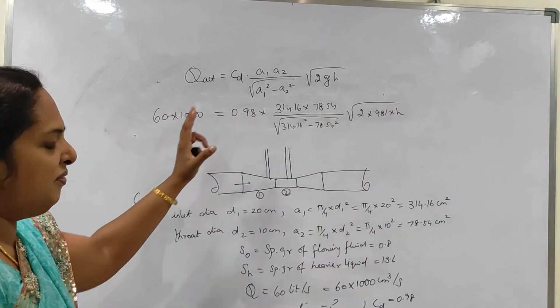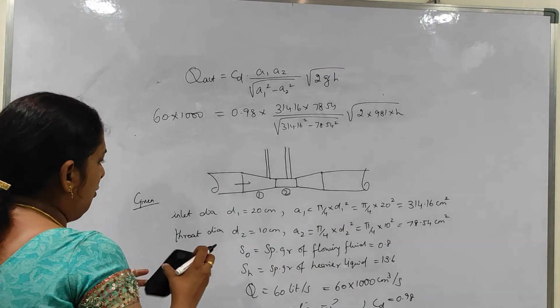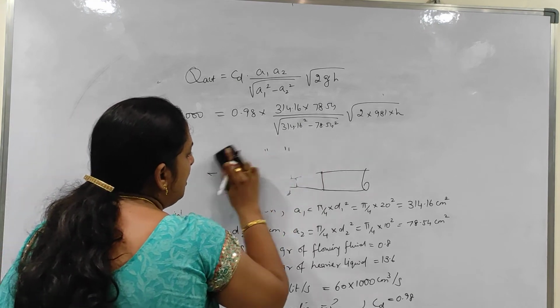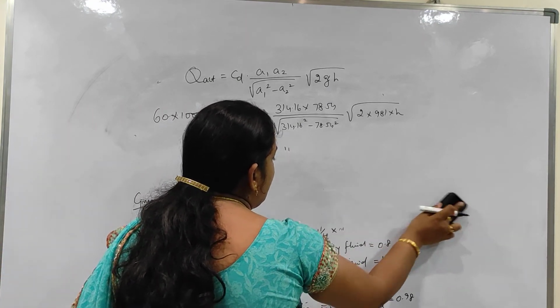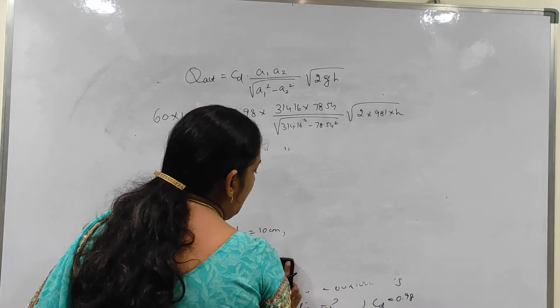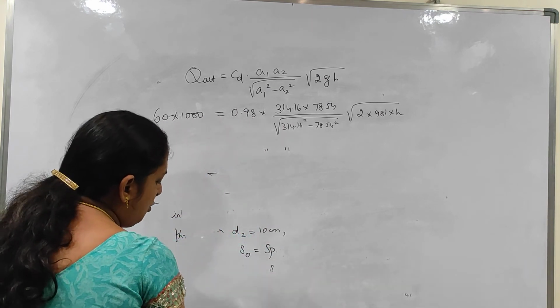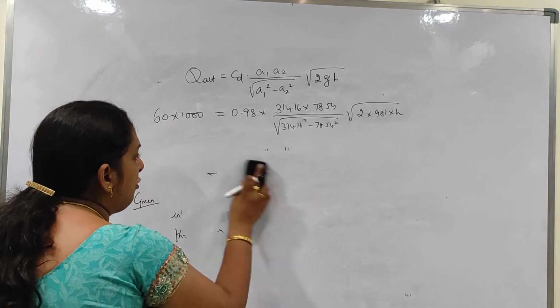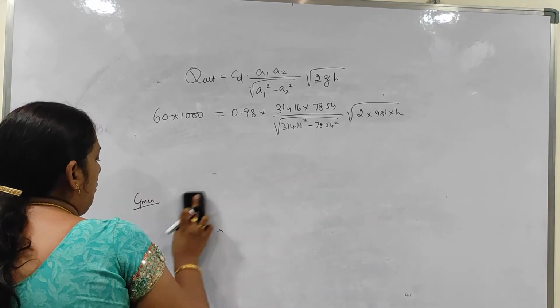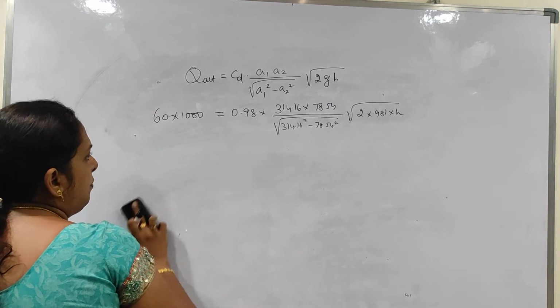Everything is known here. The only thing is we have to find the value of H. It is very simple; you can just solve this equation and get the value of H. But that is not our question. Our question is to find the reading on the manometer. That is why X is asked to be found.